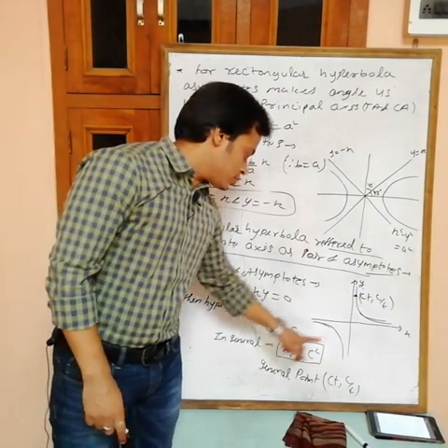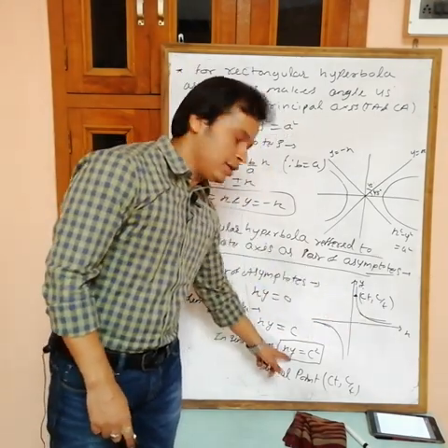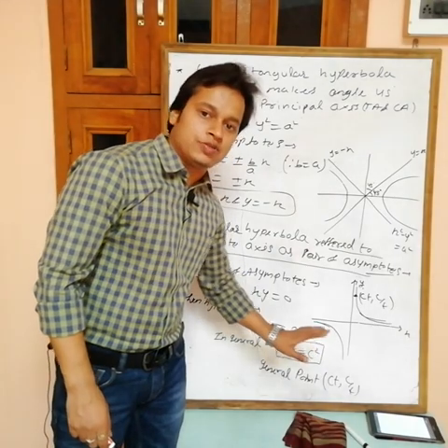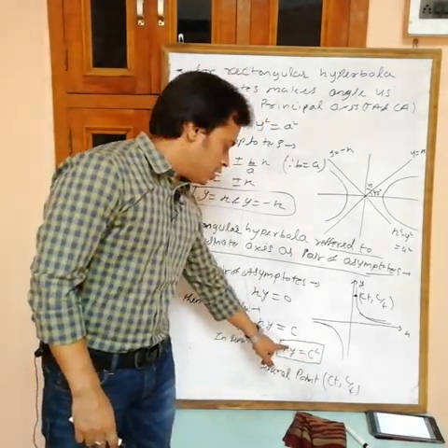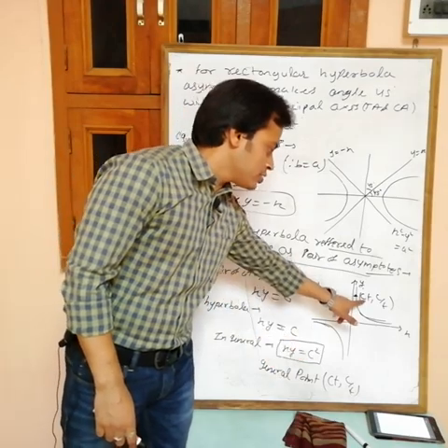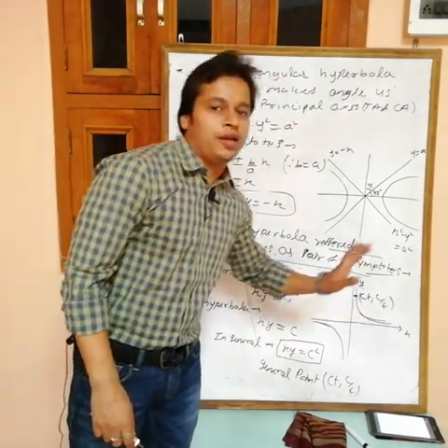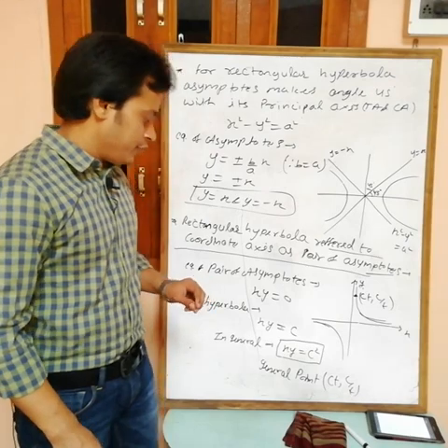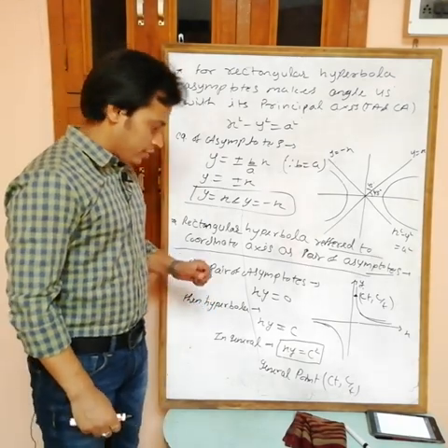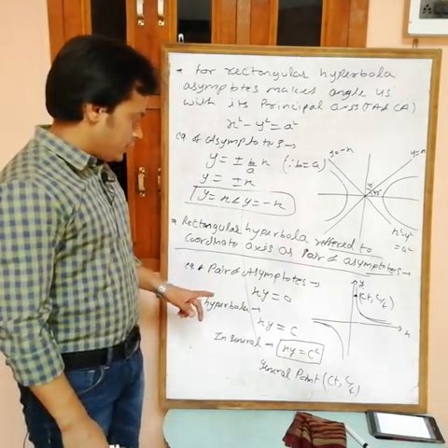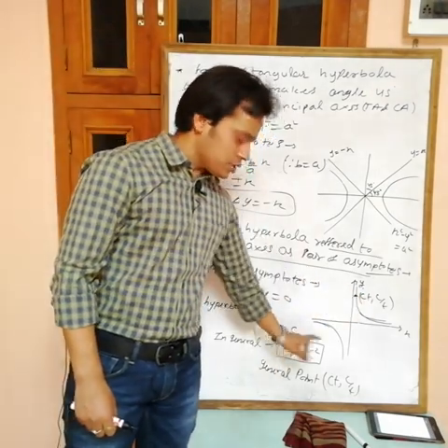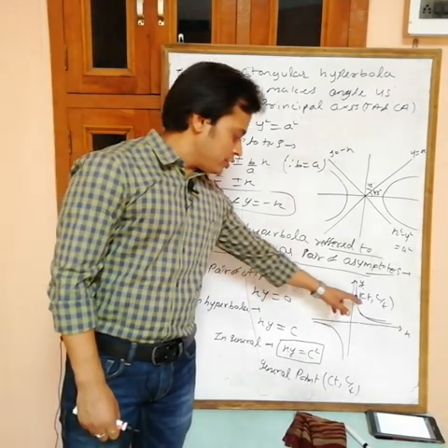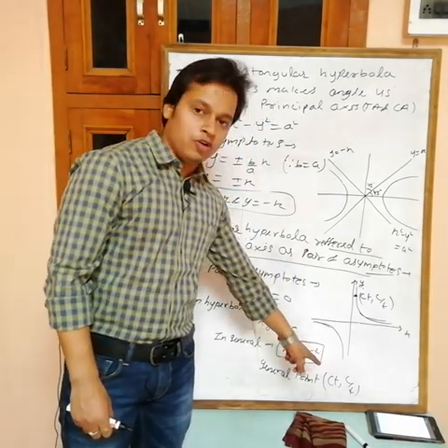If you put x equals ct and y equals c by t, t cancels out, and we get c square. Because of that reason we are taking c square. If you take only c, then we have to take root c t comma root c by t, and then you will get c only. So the equation of a rectangular hyperbola is xy equals c square, where any point on this hyperbola can be assumed as ct comma c by t.